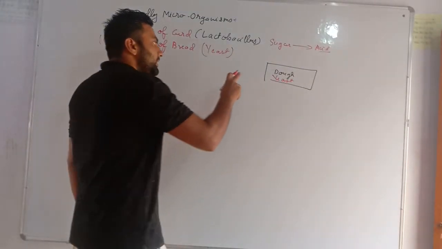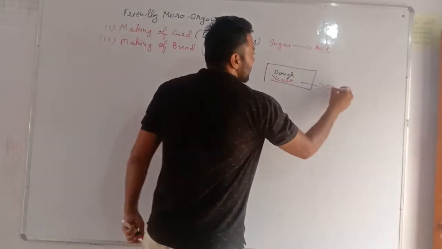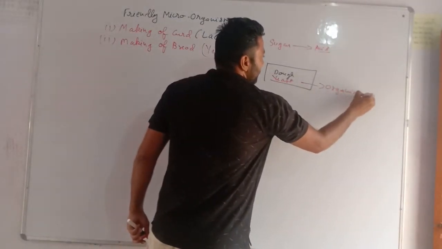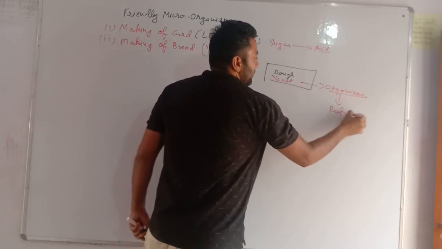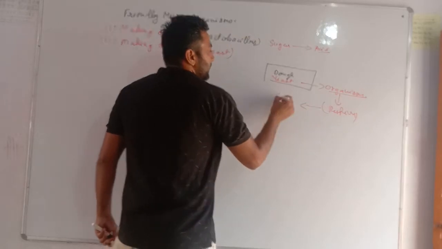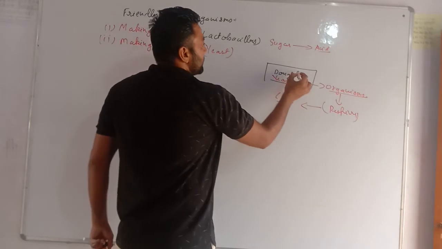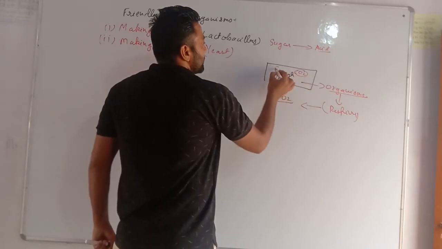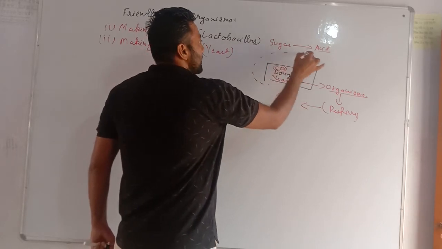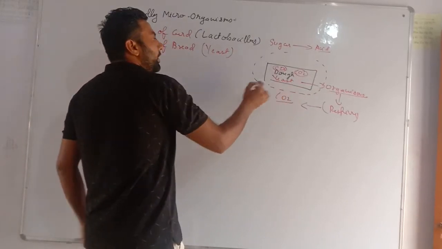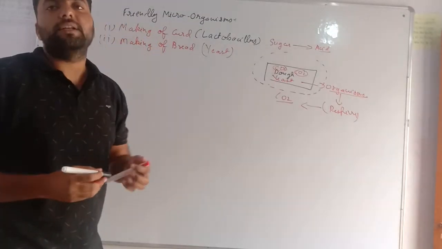and that yeast reproduces a lot. As yeast is a microorganism, it will respire, and while respiring it will release carbon dioxide gas. This carbon dioxide gas gets trapped in the dough, and the volume of the dough increases, because of which the bread becomes so fluffy and spongy.